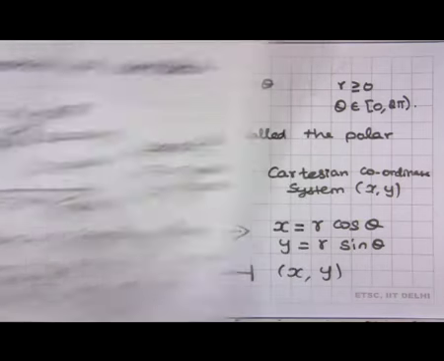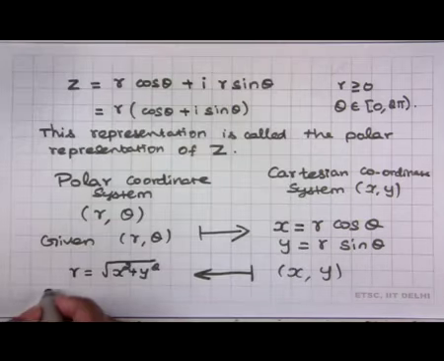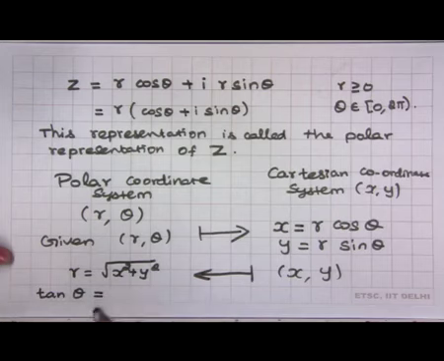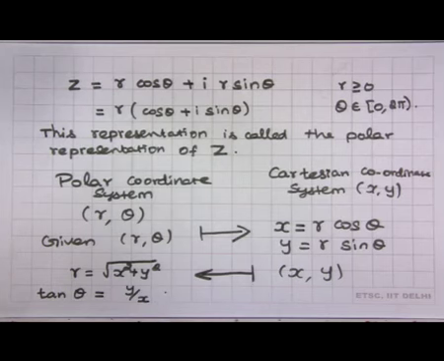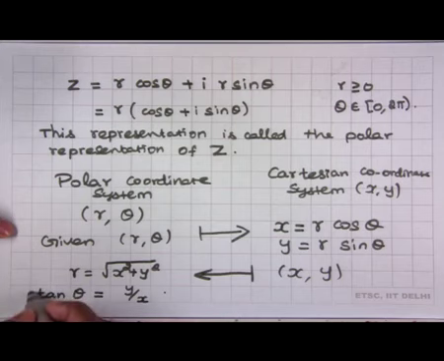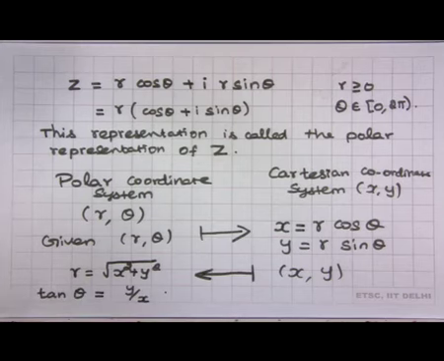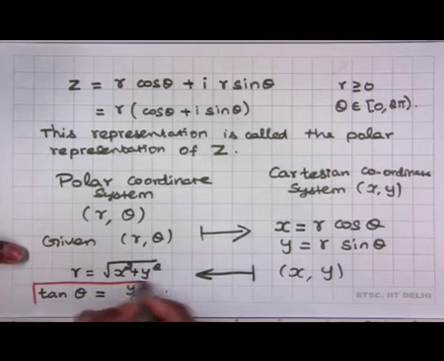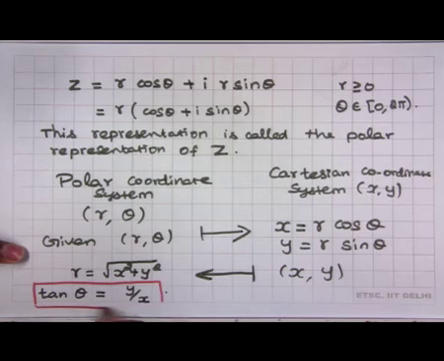By combining these two equations, theta must satisfy tan theta equal to y by x. Now it is still not clear how we calculate the value of theta immediately if x and y are given.